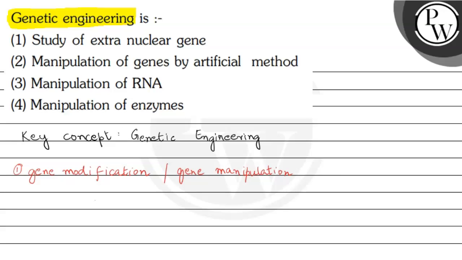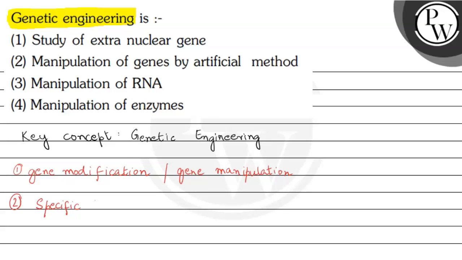Now, if we see the natural phenomena of gene modification like mutations or crossing over, all these occur randomly. But genetic engineering is a more specific or a more targeted technique of gene alteration.